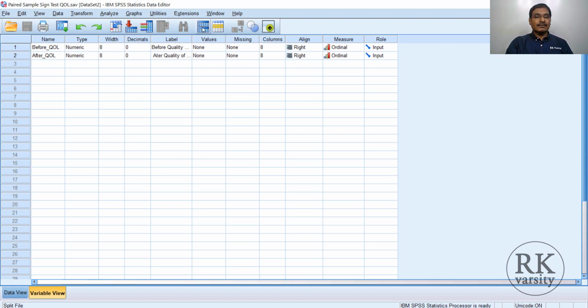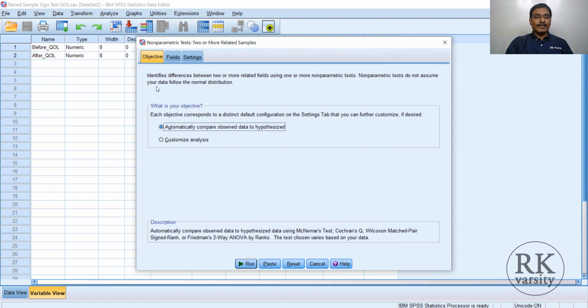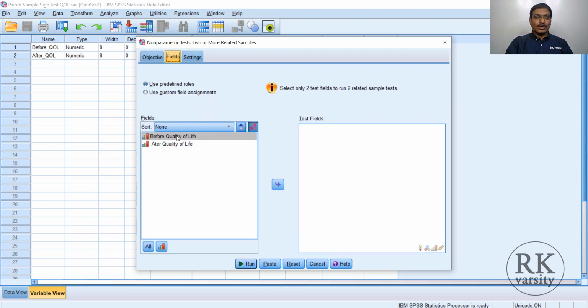Then to run your sign test, go to Analyze. This time we do it with the second option, Non-parametric Tests, and here we choose Related Samples. From Related Samples, in Objective, keep the default, automatically compare observed data to hypothesized. Click on Fields and choose your fields.